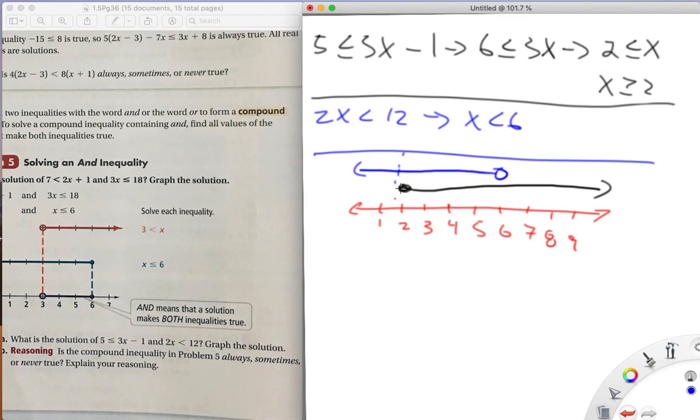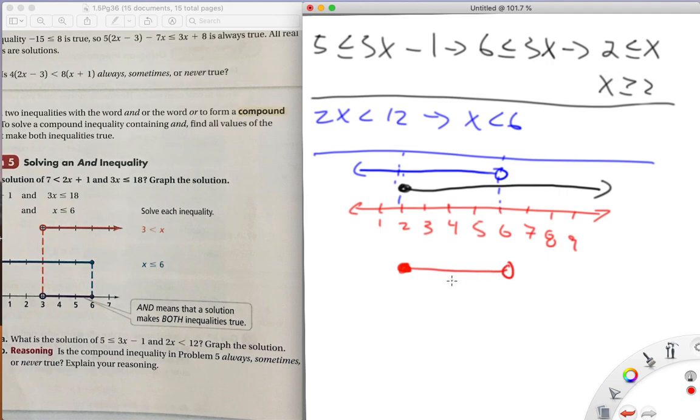And this is where they intersect at the same time. So to graph this, we have a closed circle at 2, going to 6, with an open circle.